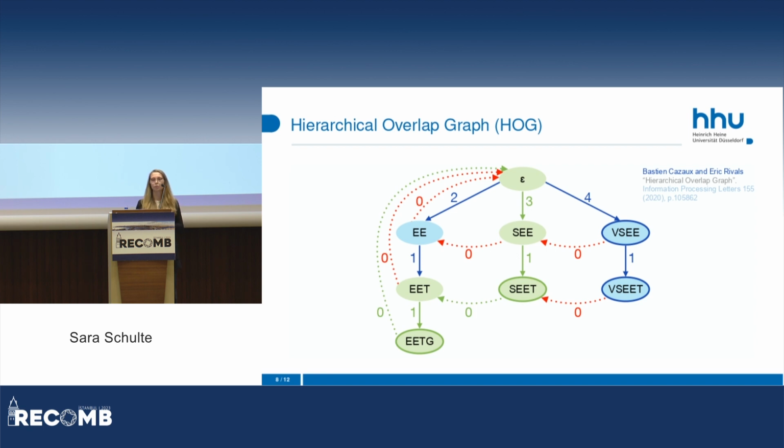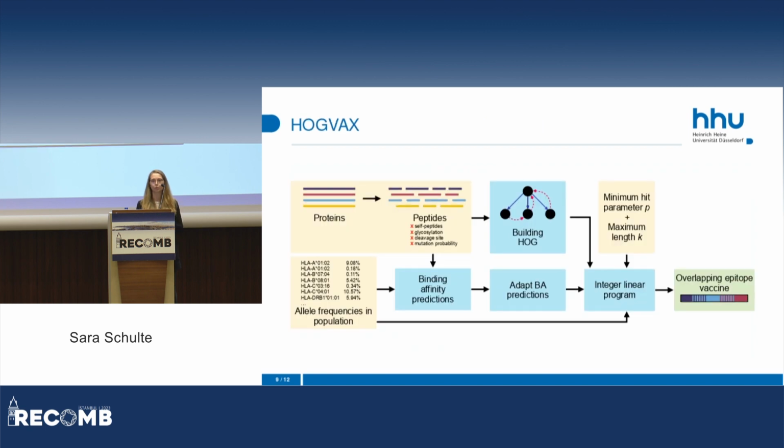Here in this example, you can see those nodes with the circle around them. Those are strings of the input set. And you can always walk back to the root node using a suffix link chain, so you can always go back to the root with 0 costs. And the hierarchical overlap graph is the key of our tool called HOGVAX to solve this problem efficiently.